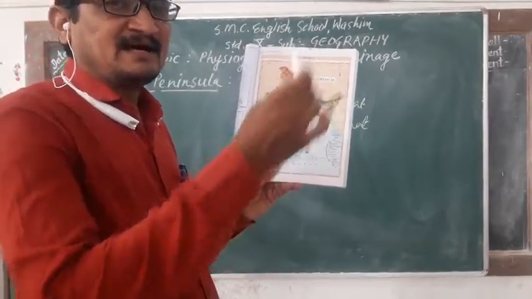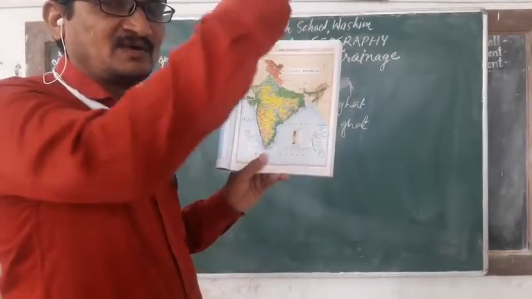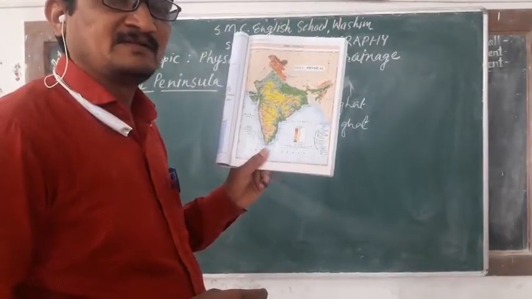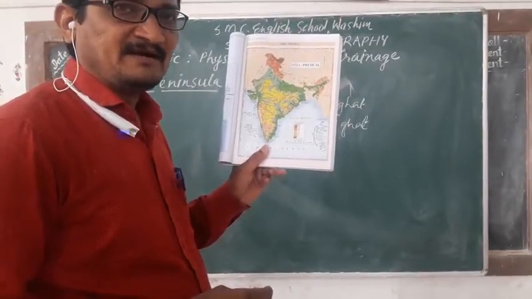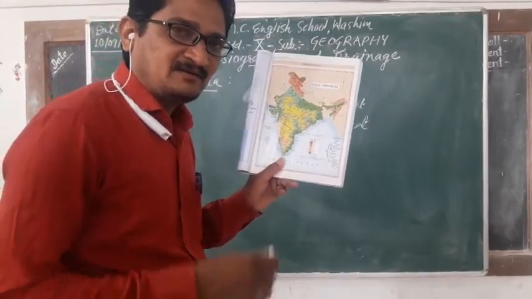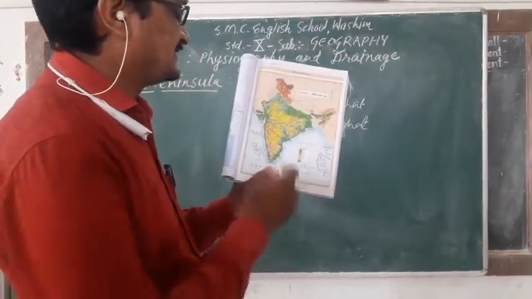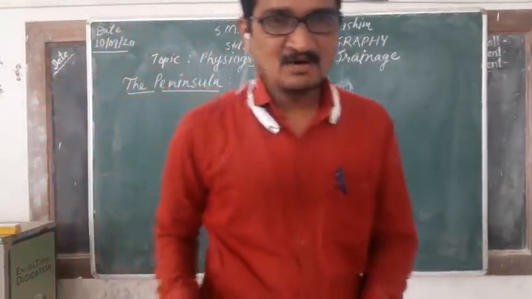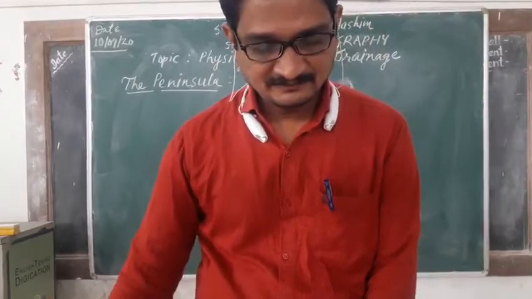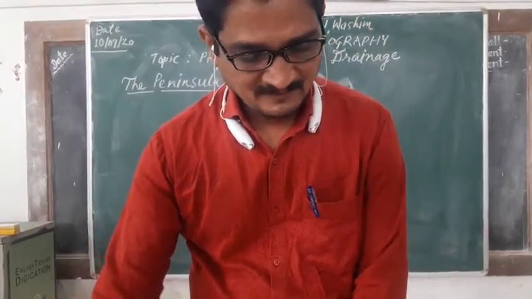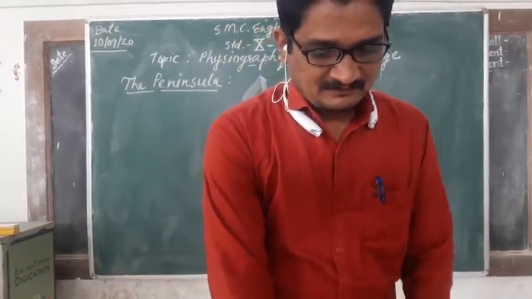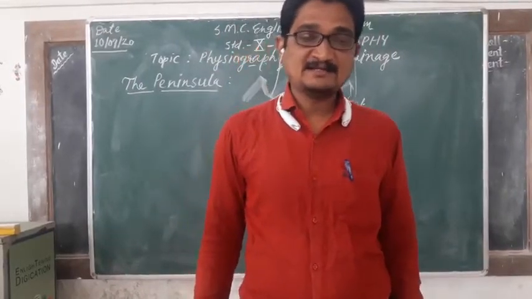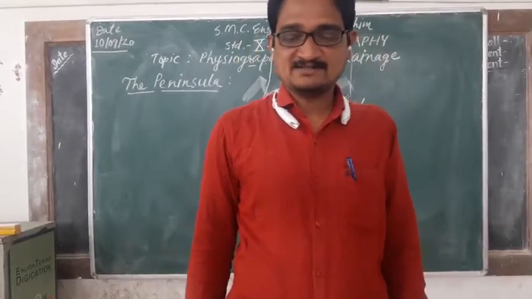Seven big hills are there along with the Satpura ranges. In Vidarbha also Satpura ranges are there: Melghat, Chikhaldara, all these are mountain ranges of the Satpura mountains. These mountains are situated in the central part and the hilly regions of the Western and Eastern Ghats.